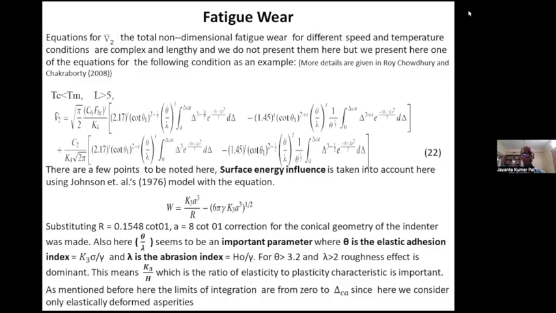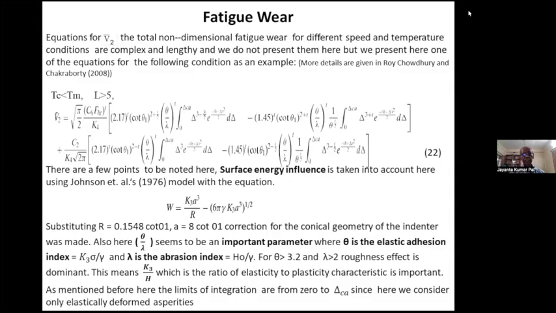If we put the expressions for theta by lambda, it works out to be K3 by H, which is simply a ratio of elasticity to plasticity characteristics of the material. So theta by lambda is an important parameter, and we'll see how that affects our wear.